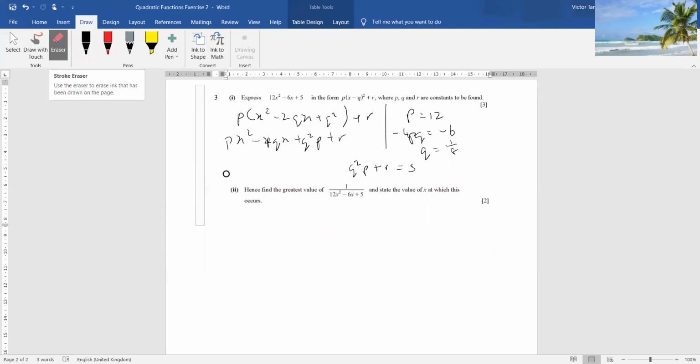So here will be a quarter squared, which is 1 over 16, times 12.